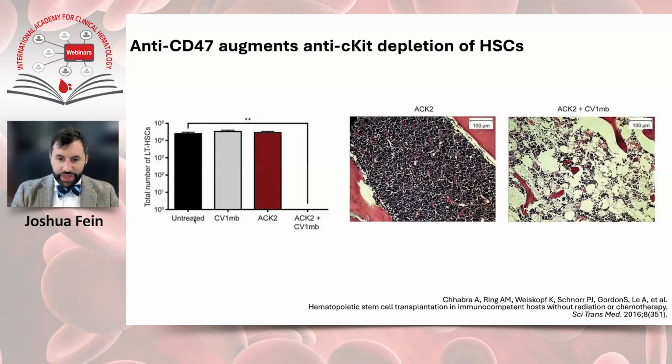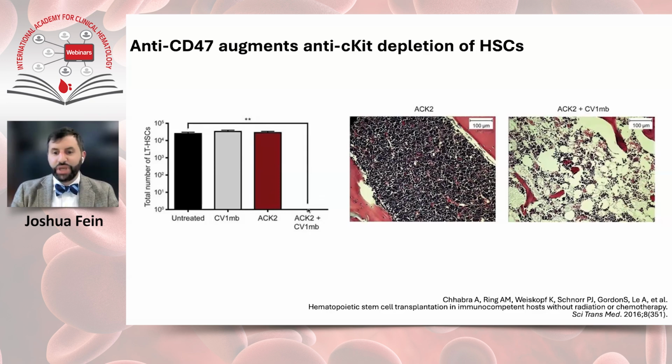So you can see on the left, the black bar is the untreated, the number of long-term HSCs. In gray is the anti-CD47 antibody that they included. In red is the anti-c-Kit antibody, each by itself.